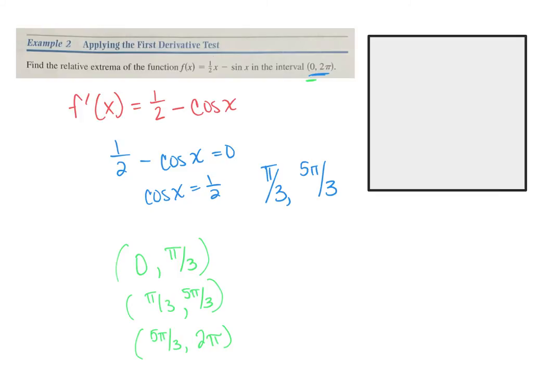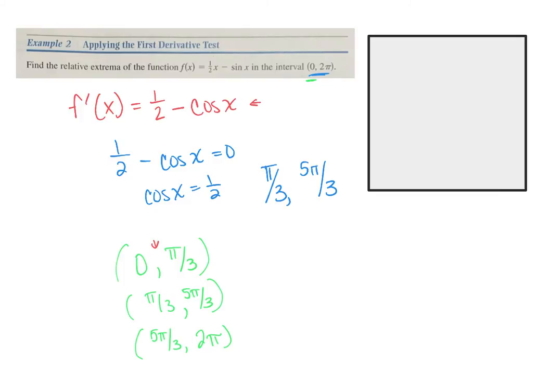So we need to pick a number in this interval. You're going to plug it back into your first derivative. You want to pick a number that's somewhat easy to do. They picked pi over 4, which is fine, but you want to pick something in between 0 and pi over 3. So pi over 6 or pi over 4, either one will work.